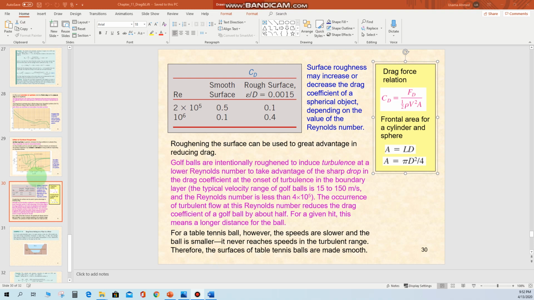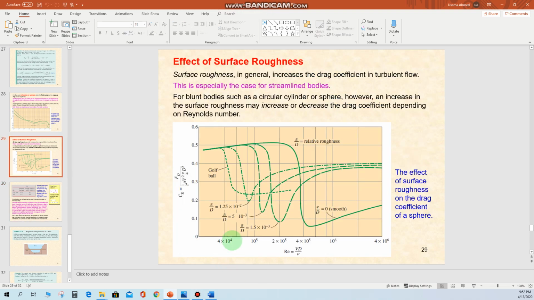At a low value of the Reynolds number, we need a lower drag coefficient, or a lower drag force due to the pressure drag. So when we make dimples or holes on the golf ball, there will be a decrease in the drag coefficient and the drag force also. That is our requirement.